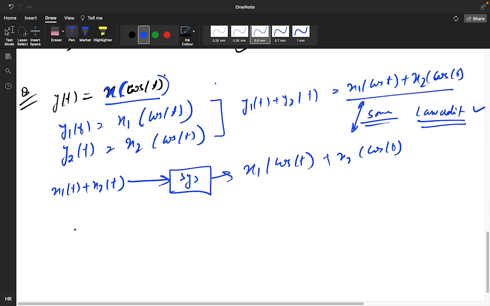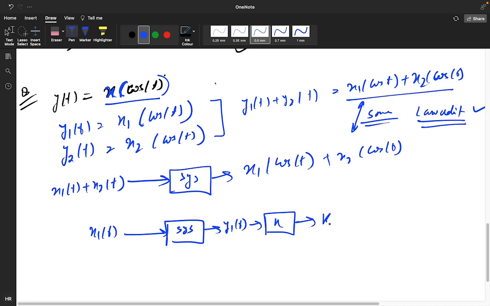For the law of homogeneity, x1 of t is passed through the system and you get y1 of t, then it is multiplied by k. So y1 of t is x1 cos t, and you get k x1 cos t. Now firstly multiply with the k factor.